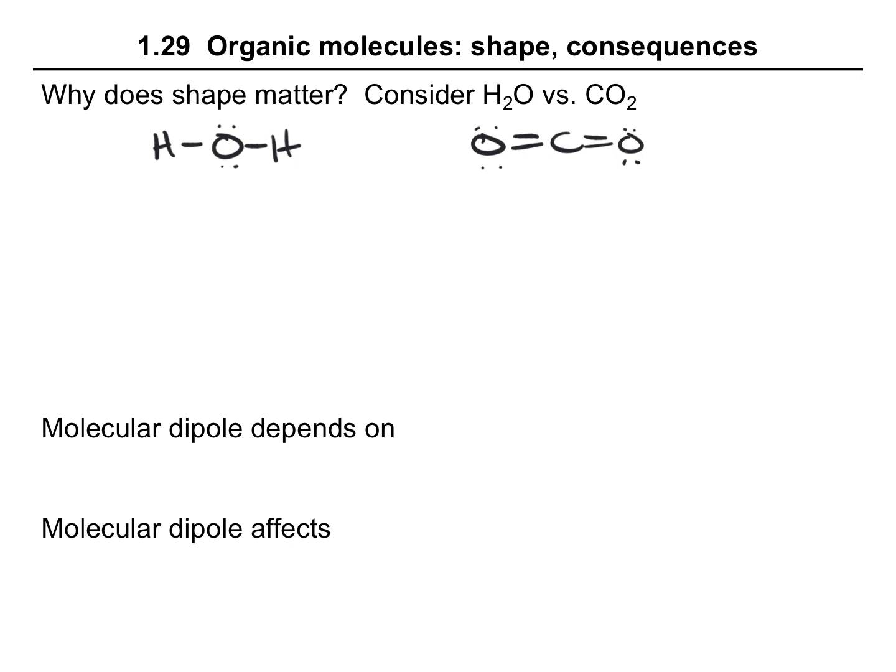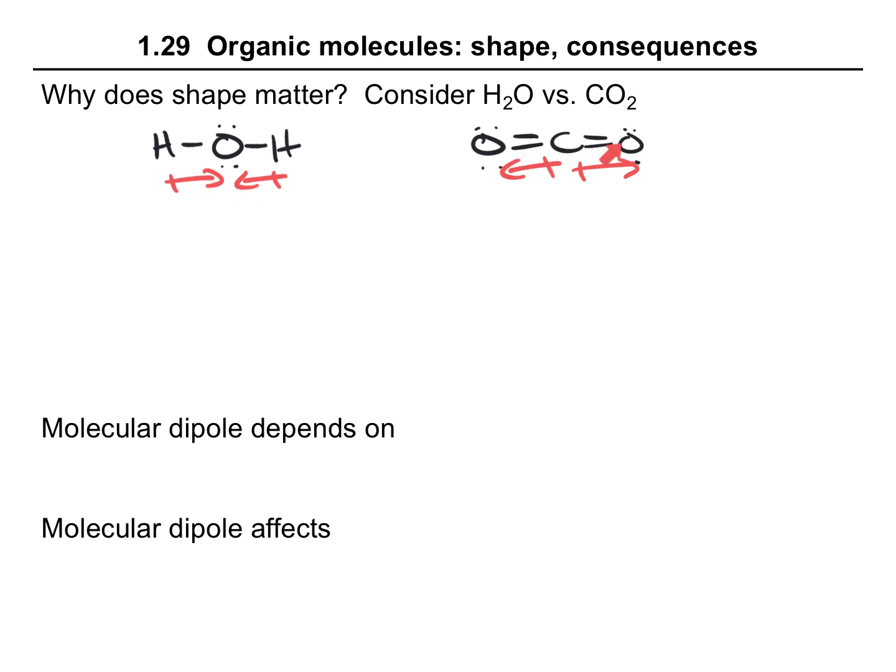Next, let's think about our bond dipoles. We know that oxygen is more electronegative than hydrogen, so there will be a bond dipole going this way and going this way. We know that oxygen is more electronegative than carbon, so we'll have a bond dipole going this way and this way. So with our bond dipoles, the difference between oxygen hydrogen is the exact same as the difference between oxygen hydrogen, so these bond dipoles would be exactly equal.